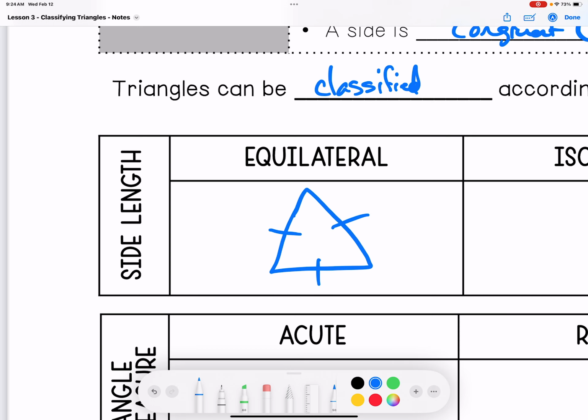And that means all three sides are equal. Congruent, whatever. Those little lines right there, they tell you that it's all three are equal. It don't always have to be all three, but an equilateral triangle does. Okay? Equilateral triangle, all three are equal.